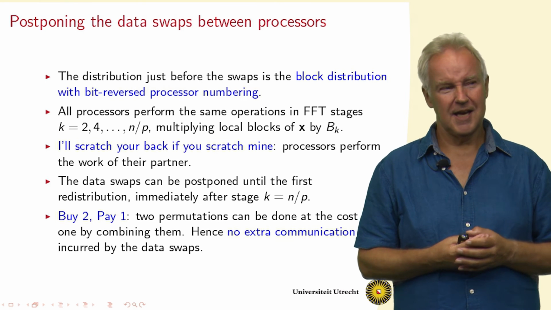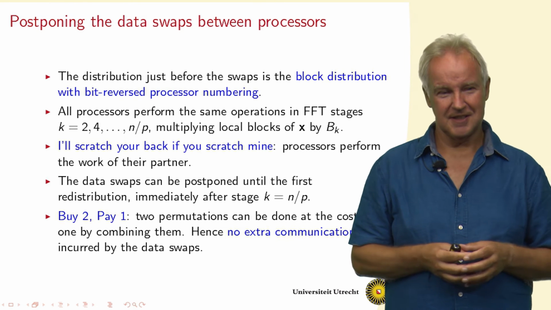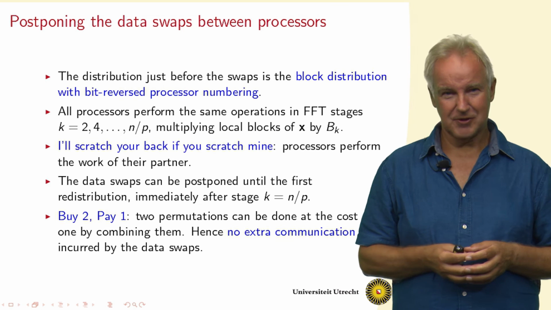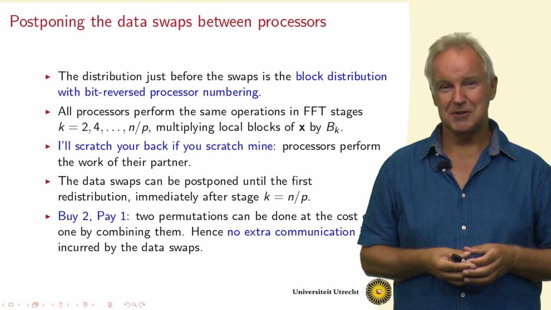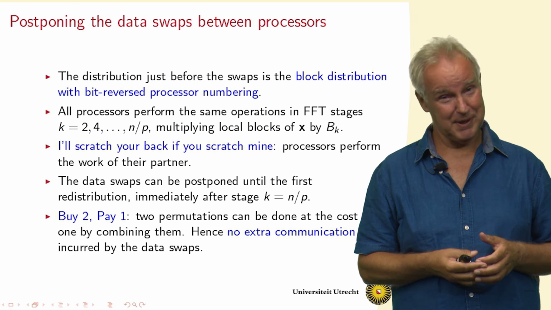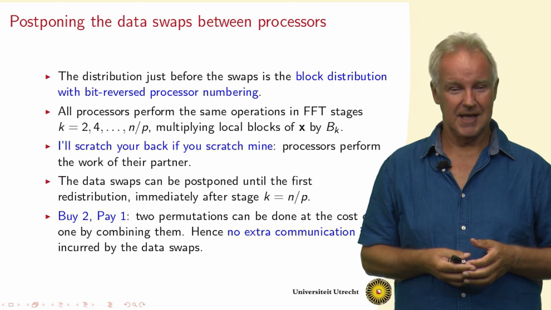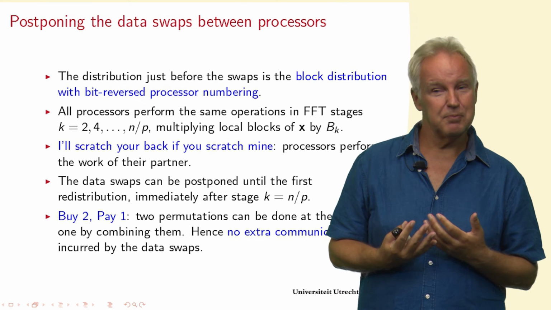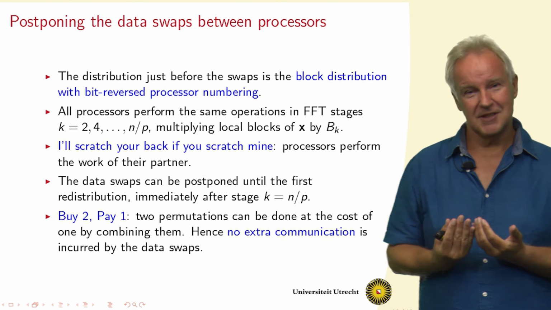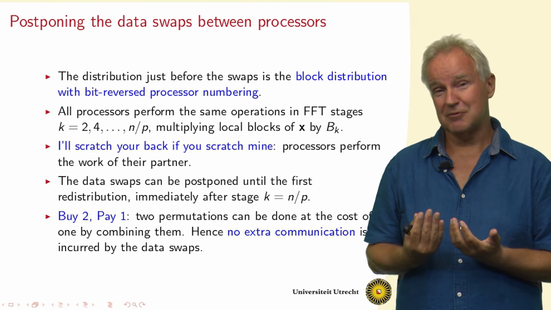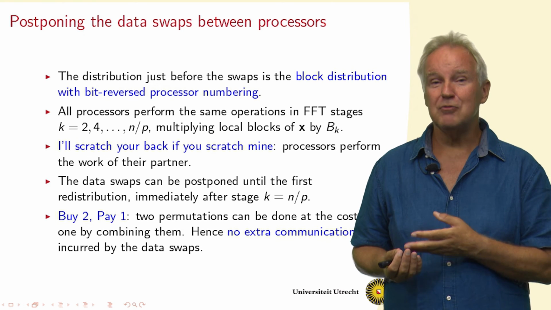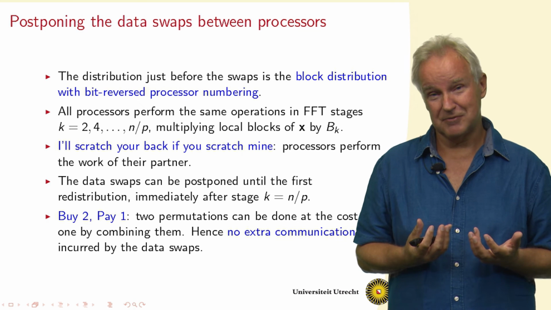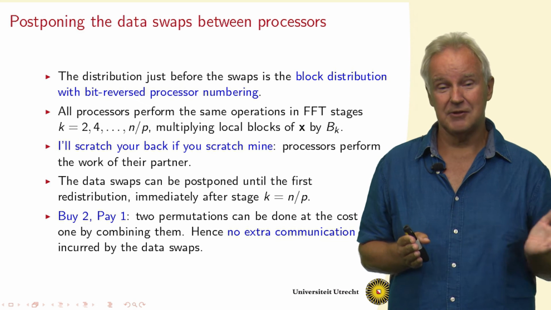Okay, and now we do something that a lot of customers like when they go to the supermarket. You want to buy two, but pay only for one. We can do two permutations, one after the other, at the price of one, because we just compute what the overall permutation is, the product of those two, and that's what we carry out.